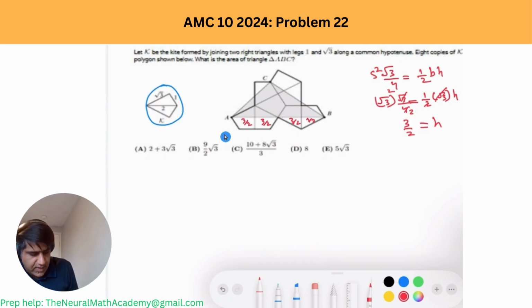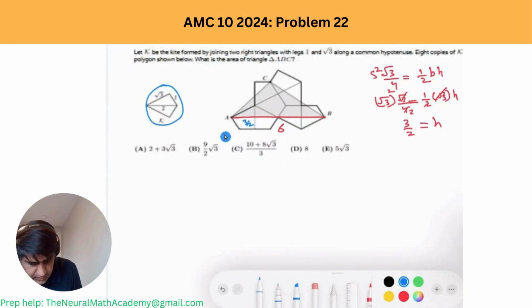And now if we add these, we will get 6. So this dimension from here to here is 6, and for one of the cases it is 3 over 2. And now we need to find the height, right?